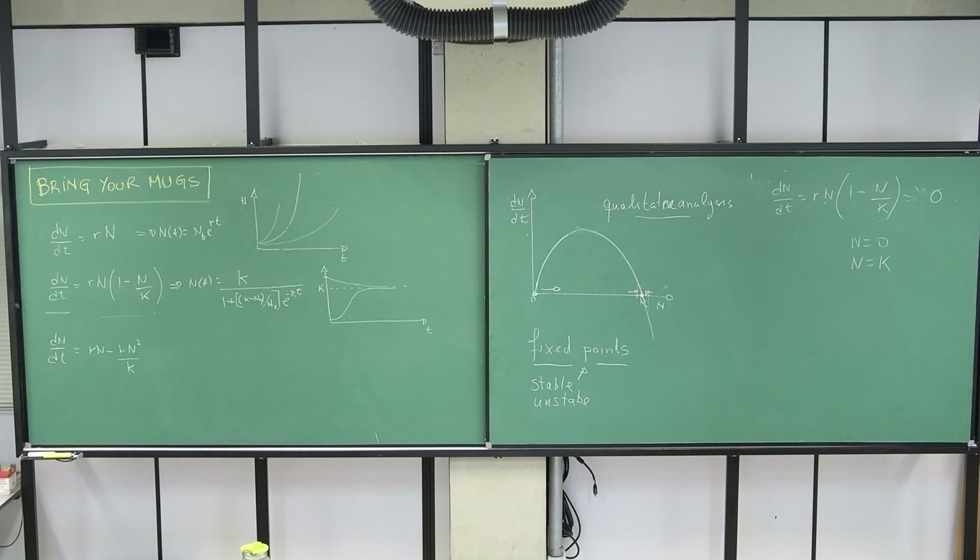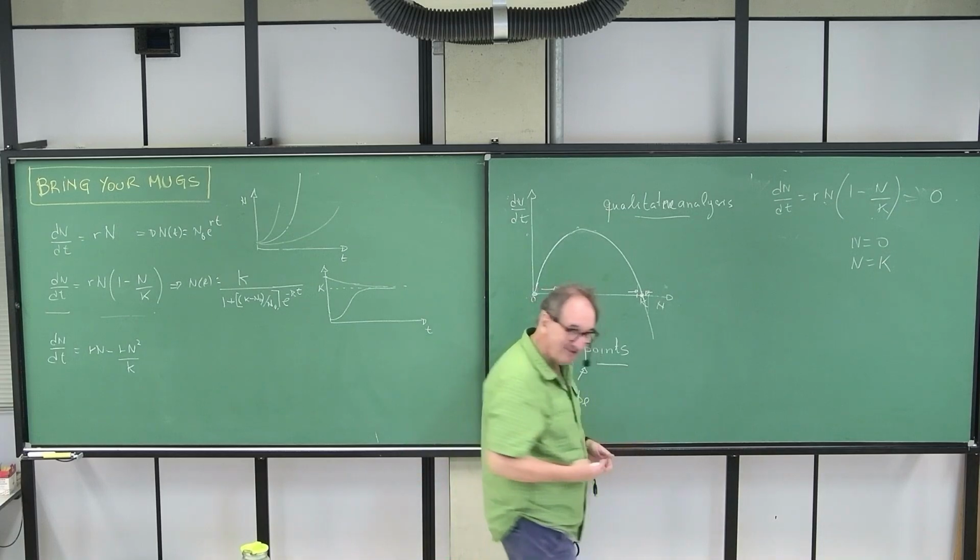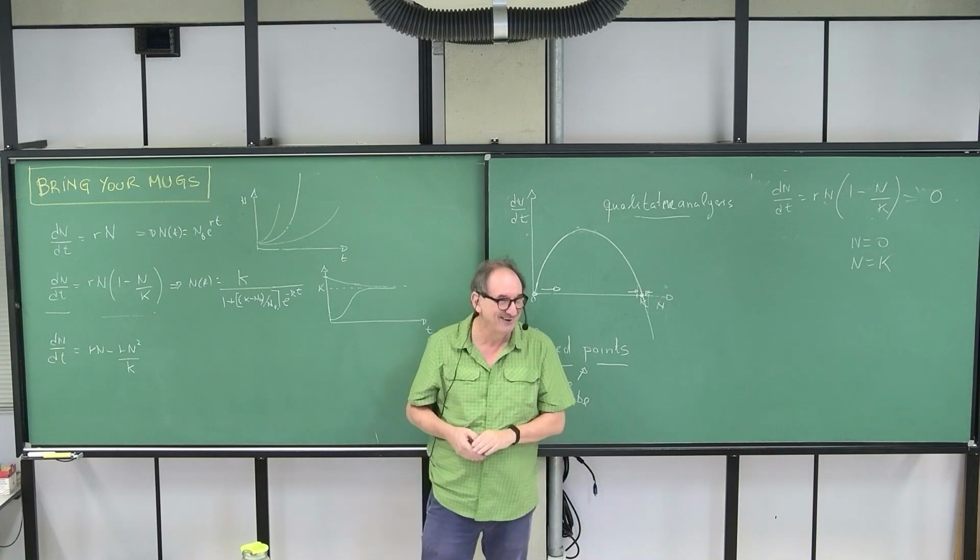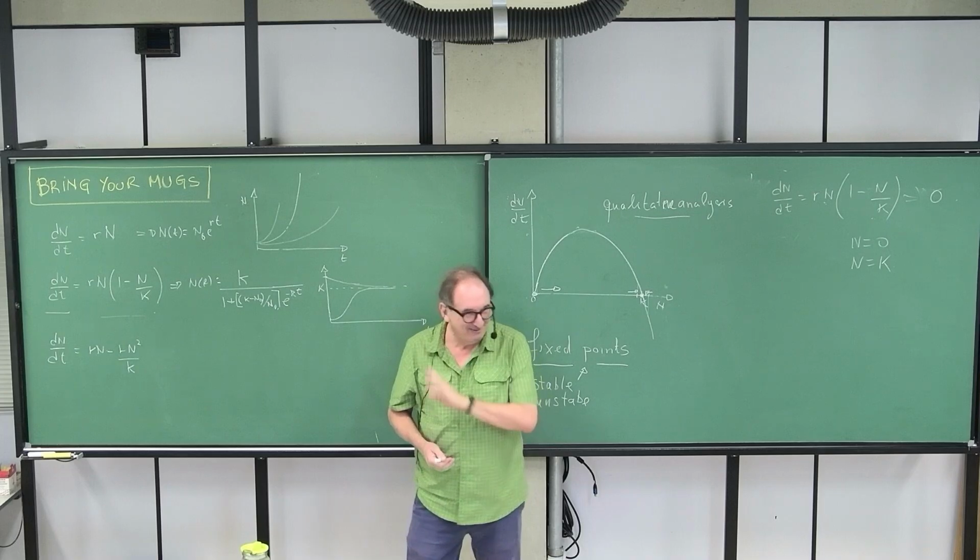If a population, instead of growing, is decaying, can 0 be considered a stable fixed point? So we'll discuss the same topic. That's good. Good questions, because I see that you are thinking in the direction I actually wanted. Okay, so I will explain this now.